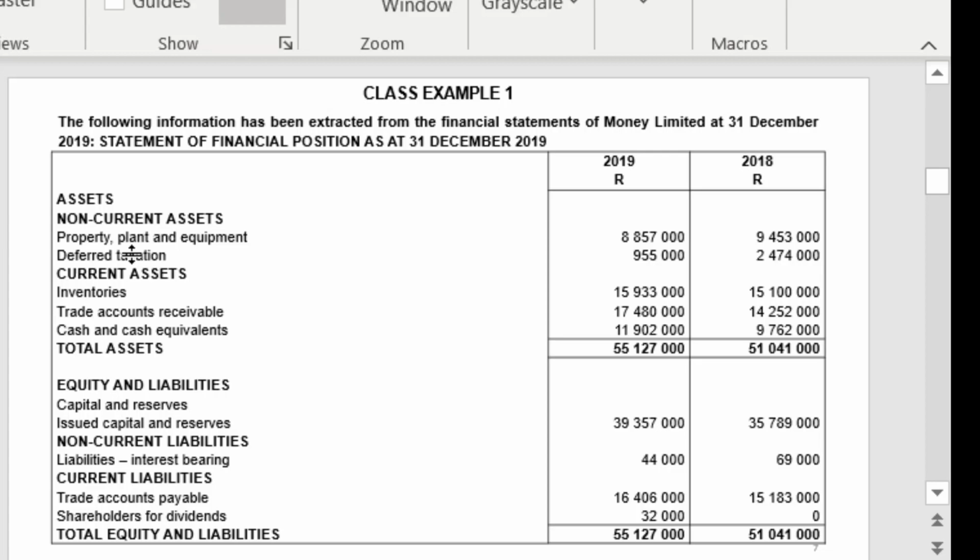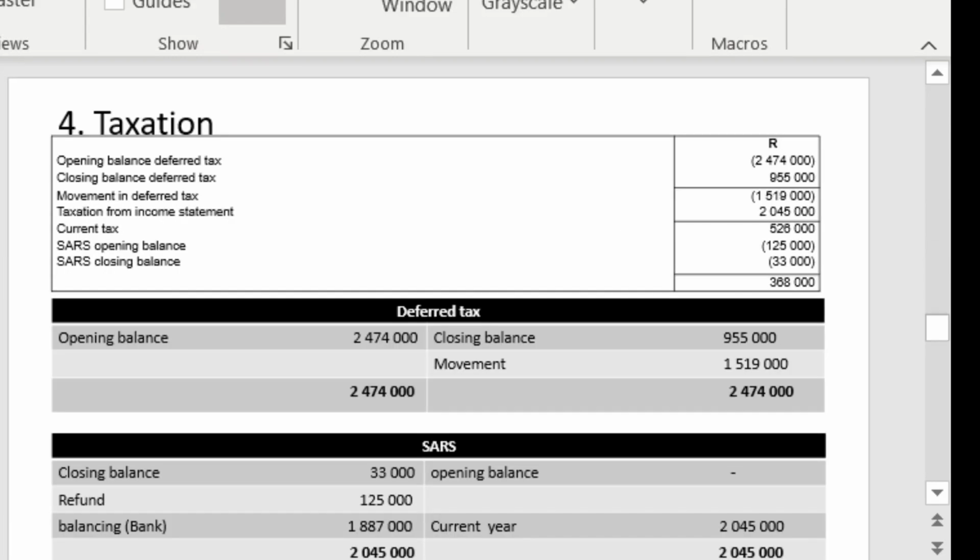If it's an asset account, then in order to calculate the movement, this will be our opening balance compared to our closing balance. The difference between the two will give us 1,519,000. Opening balance of 2,474,000, closing balance of 955,000. And here's the movement when it comes to deferred tax.